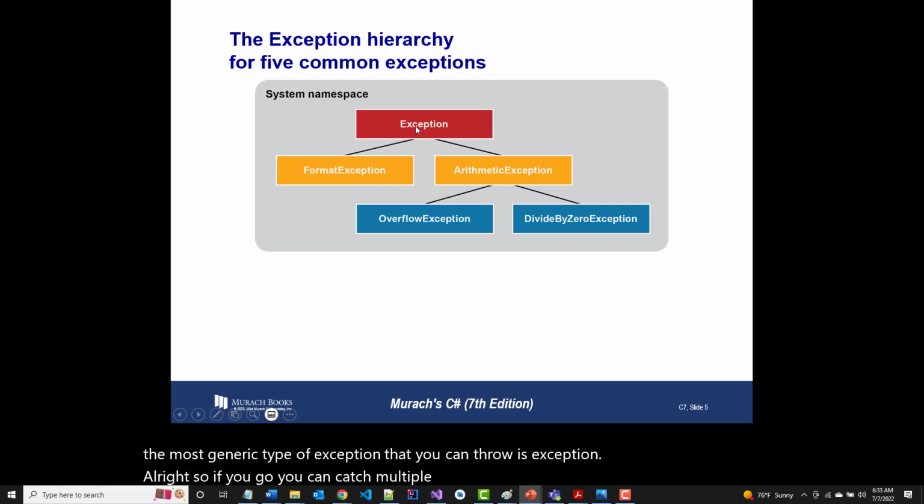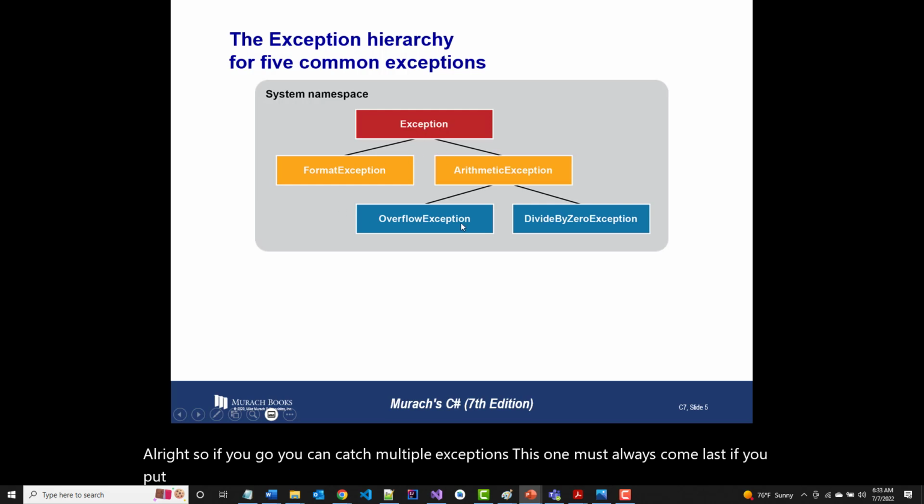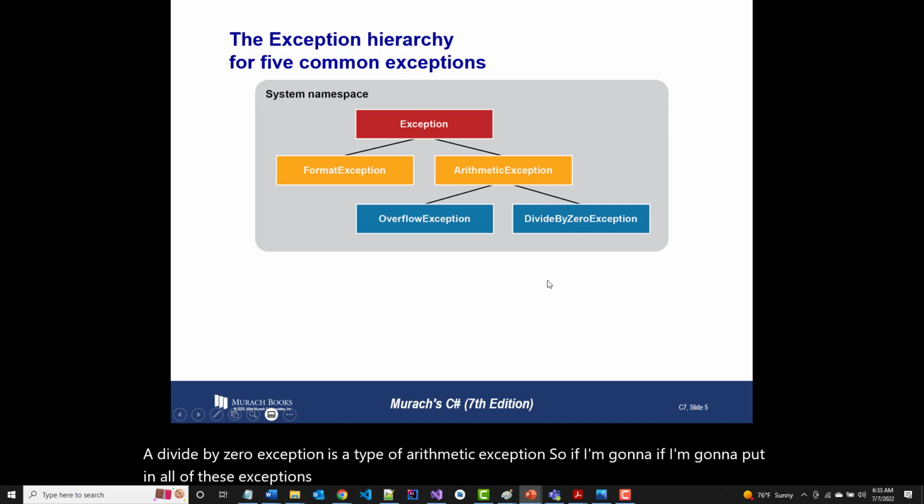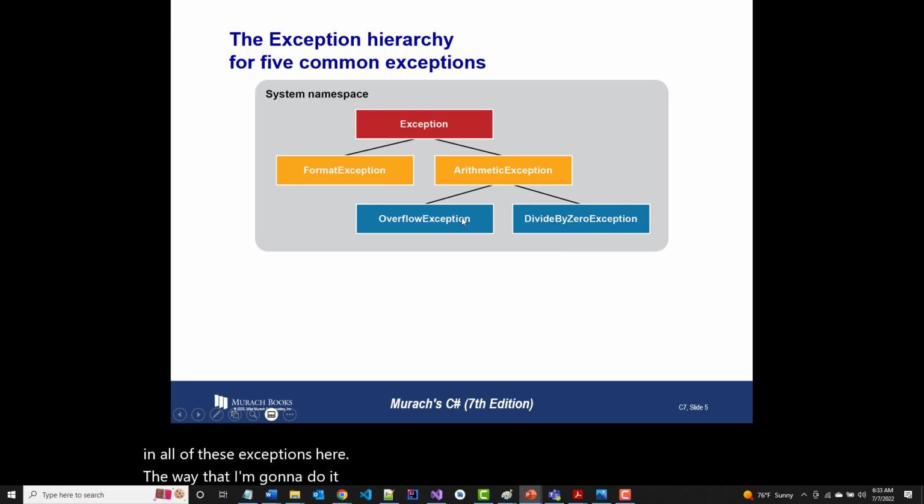This one must always come last. If you put the exception first, you never get to the children below or grandchildren or whatever. In the same way, a divide by 0 exception is a type of arithmetic exception. So if I'm going to put in all of these exceptions here, the way that I'm going to do it is I'm going to first list these 2, then these 2, then this one last.